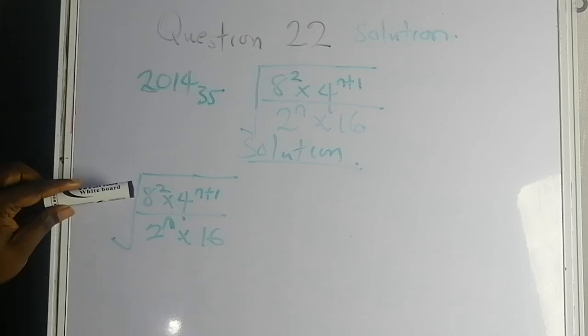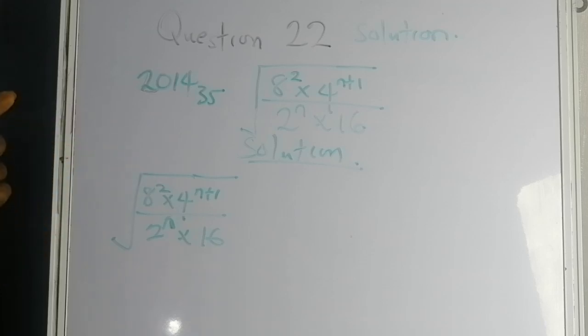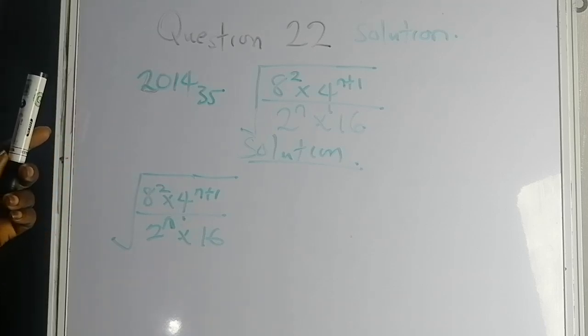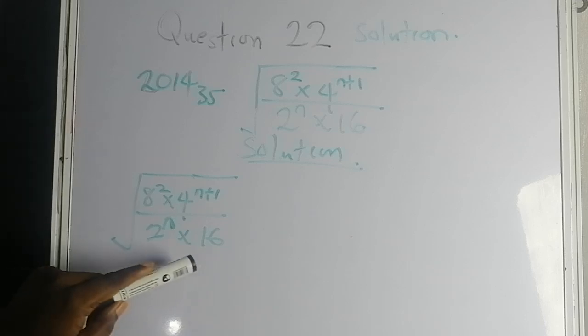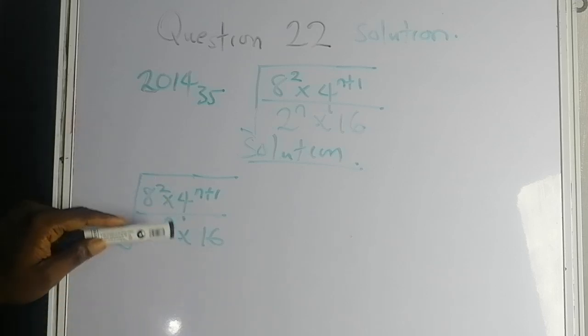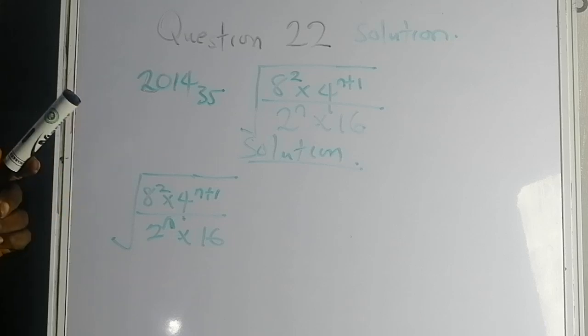So I can say 8 raised to power 2 is 64. 8 times 8 is 64. I can split this square root into numerator and denominator to make it a bit faster.